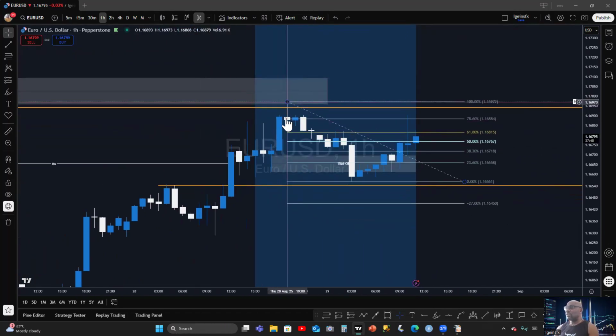Now, this shooting star here, you see the shooting star is opposite of a hammer. All right? You see this one? Look at it. Can you see it? The buyers push the price up to this level.